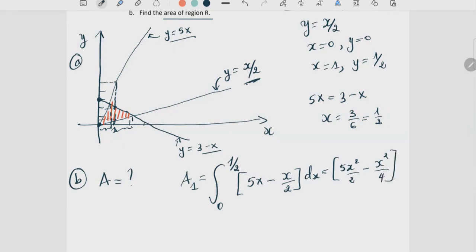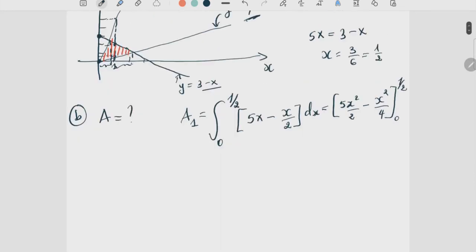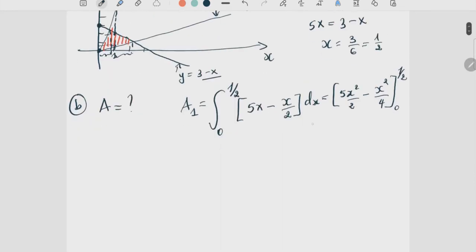So this is evaluated between 0 and 1 over 2. Right? If you evaluate this, you will have 5 multiplied by 1 over 2, 8, right? Minus 1 over 60.